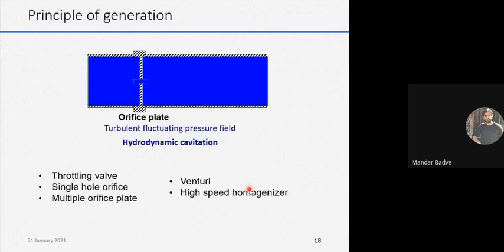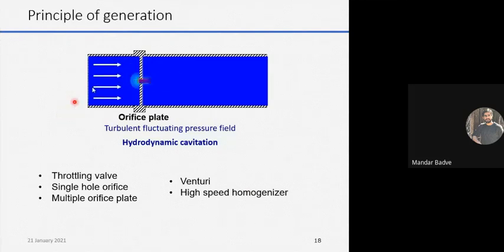Right? So here I will show you how cavitation takes place in the case of non-rotary, let's say orifice plate configuration, right? So imagine your liquid is traveling from left side to the right side, right? And this is a small orifice, a flow obstruction in your flow.